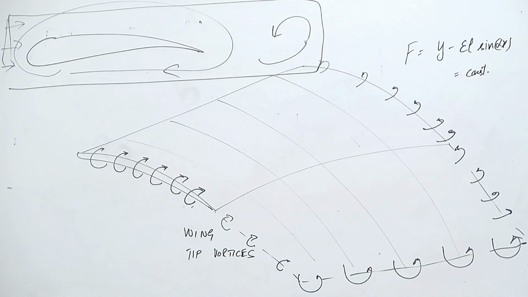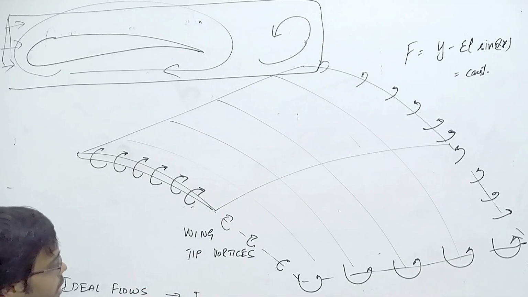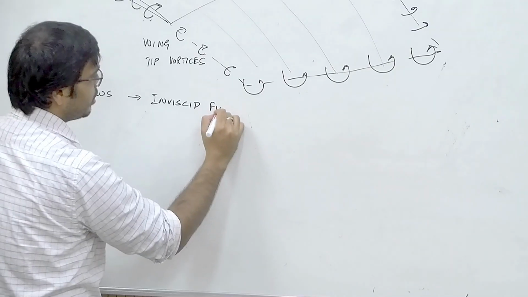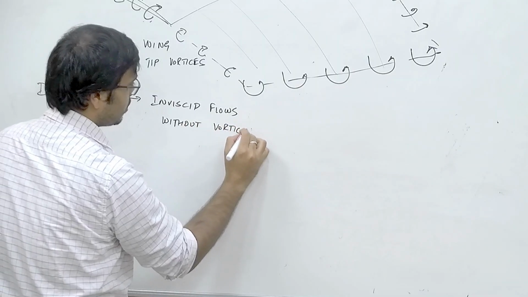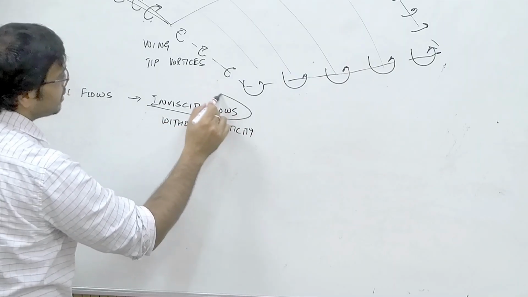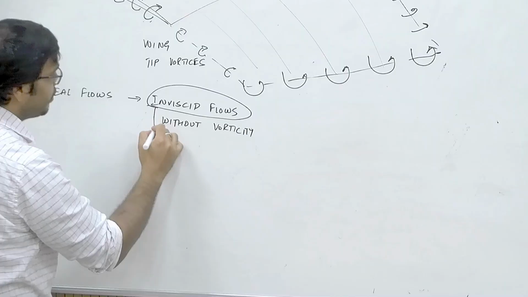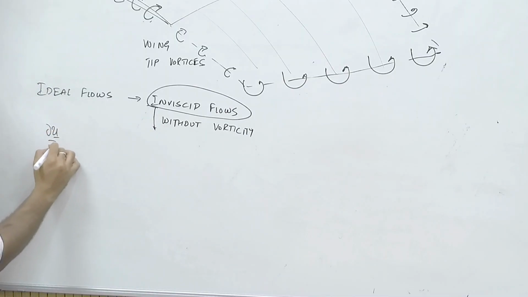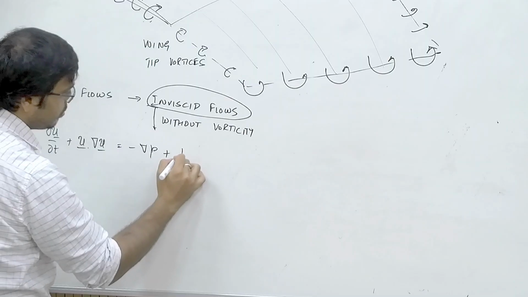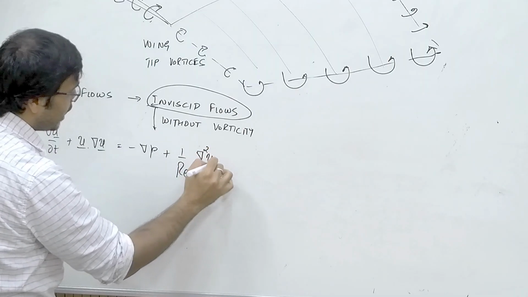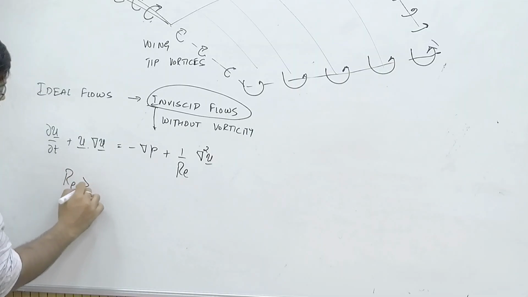So, with this we will close our discussion of ideal flows, okay, and we will just do a basic recap that these ideal flows were essentially inviscid flows without vorticity, okay, and we got to this whole discussion of inviscid flows when we looked at our dimensionless Navier-Stokes equation, and we said that this Re is much greater than 1.